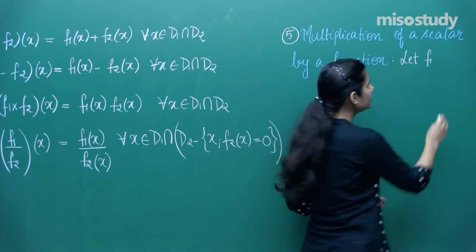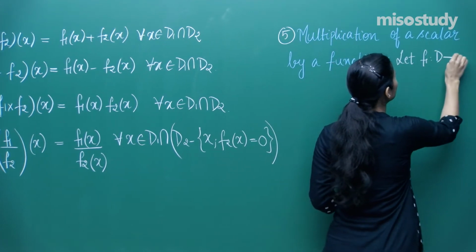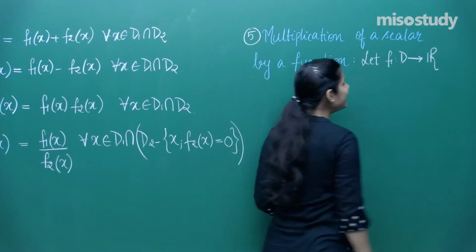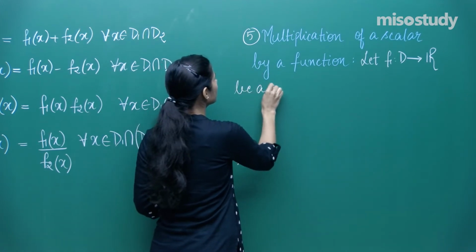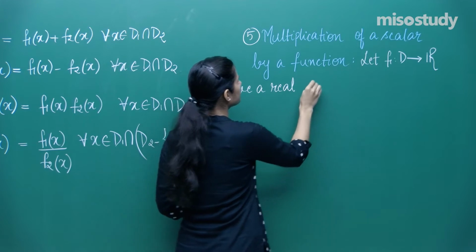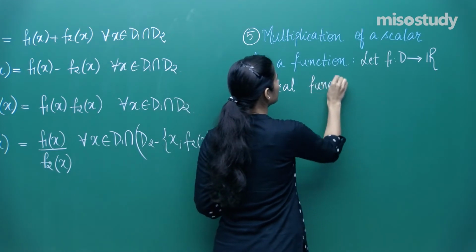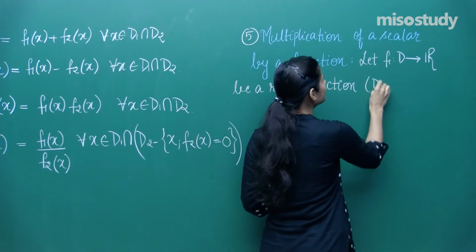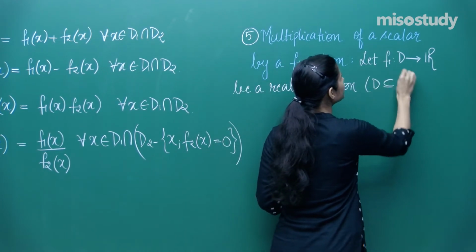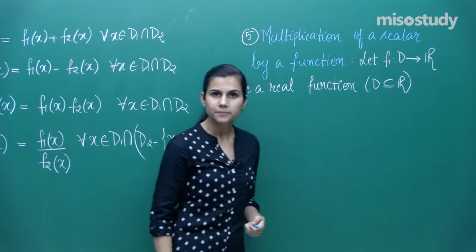Let f1 from d to r be a real function, by which I mean that this d is also a subset of the real line.